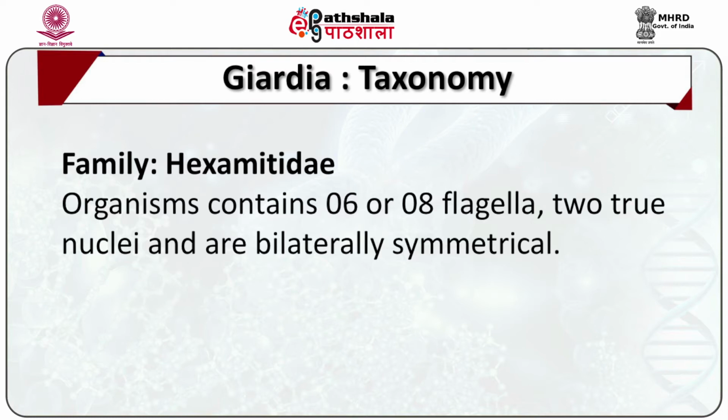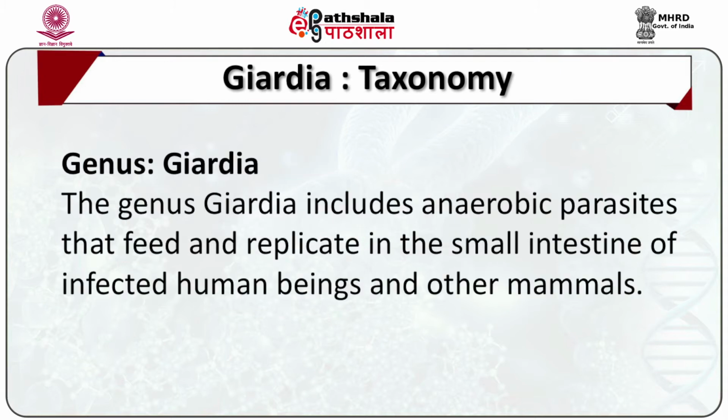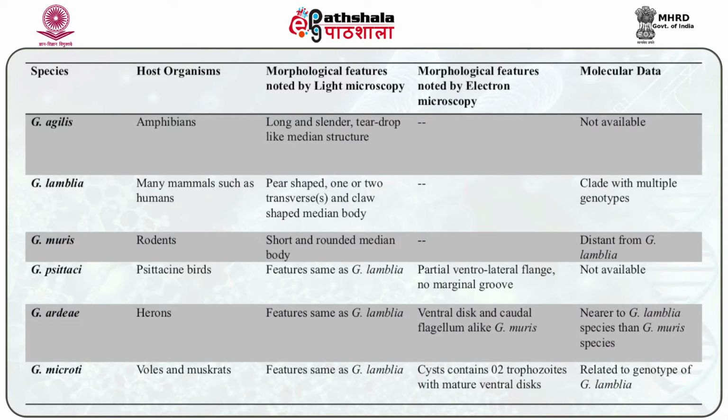Members of this family contain 6 to 8 flagella and 2 true nuclei, and they are bilaterally symmetrical. The genus is Giardia. The genus Giardia includes anaerobic parasites that feed and replicate in the small intestine of infected human beings and other mammals. Currently, 5 to 6 morphologically distinct species of Giardia are recognized.